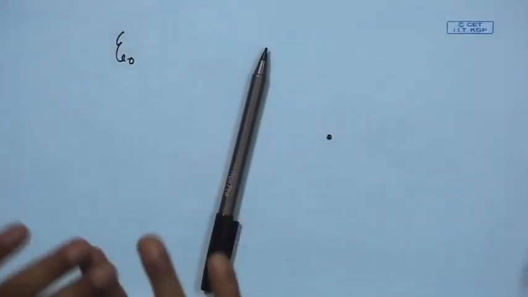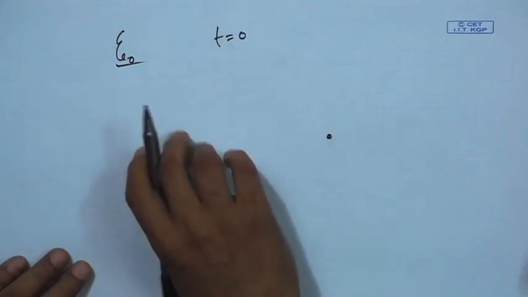I switch on the loudspeaker and let it stay on for some time, so that the steady state energy is developed in this room, which is psi 0. Now, at t equal to 0, I switch off the source.